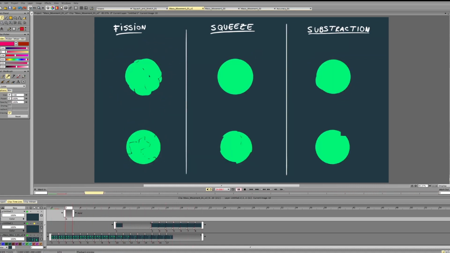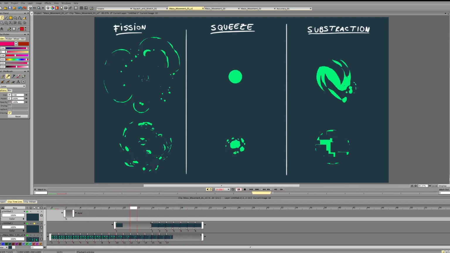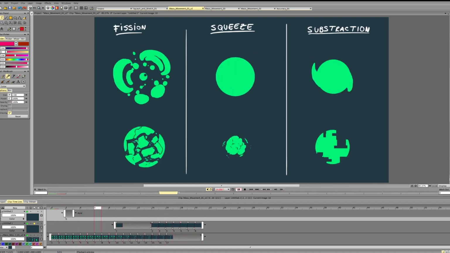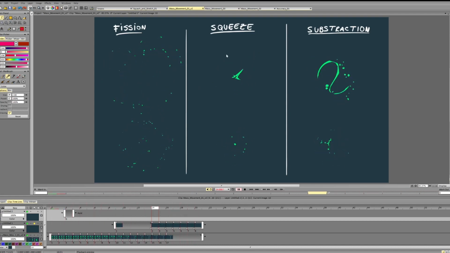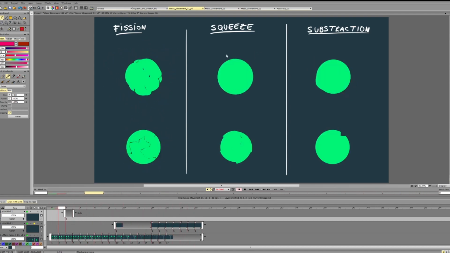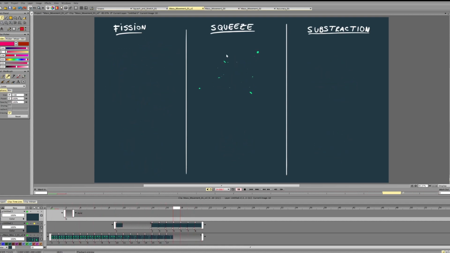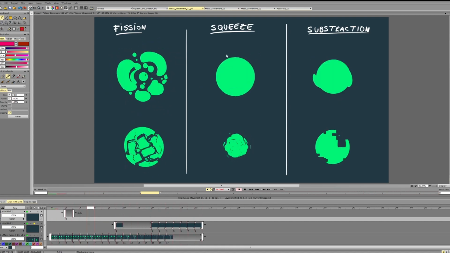Why does this work quite well, and why does the small spark doesn't work that well? Well, it's because we are decreasing a very large mass and we are decreasing its size quite fast. So we get fast motion, big mass.